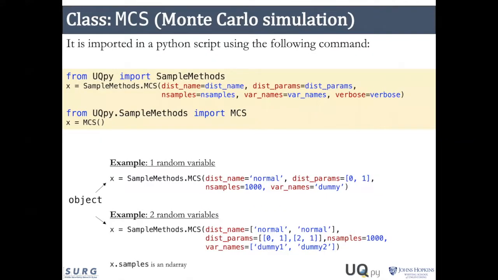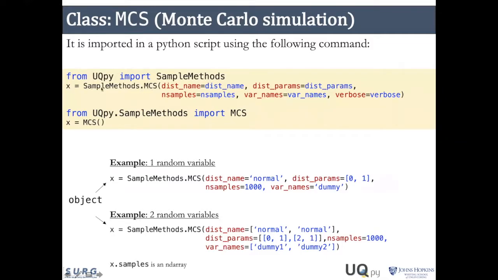So in order to be able to use the Monte Carlo simulation, the MCS class within a Python script, the user needs to type in the Python script from UQpy import sample methods. This way, we import the entire samples method module, and from the sample methods module, select Monte Carlo simulation.